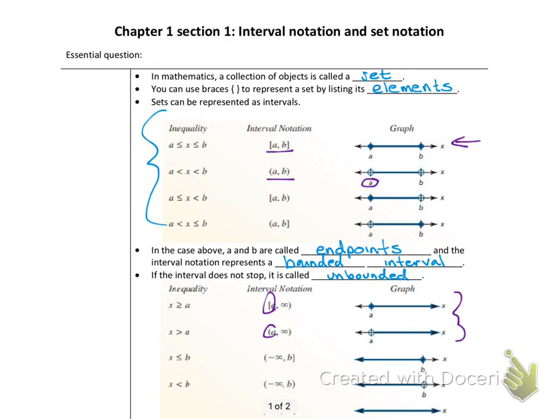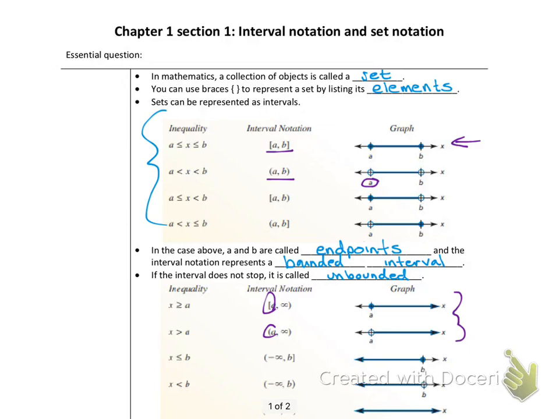So you use infinity symbols in interval notation. You do not use infinity symbols in inequality notation. As a general rule, we just don't do that. But you do use them in intervals. And I'll show you more examples of this, but this is what it looks like.